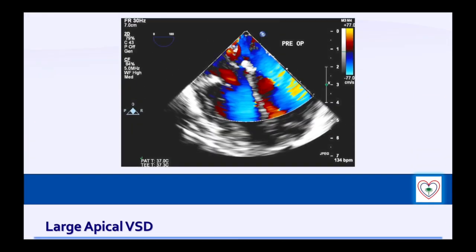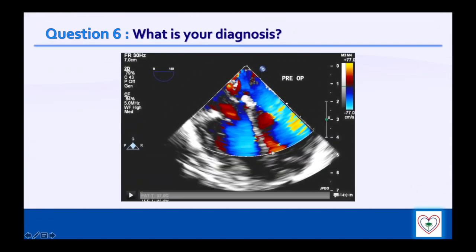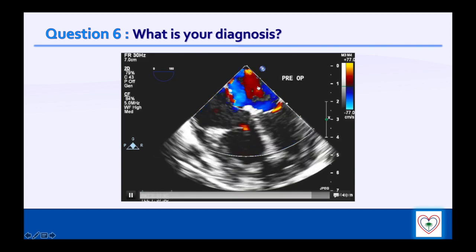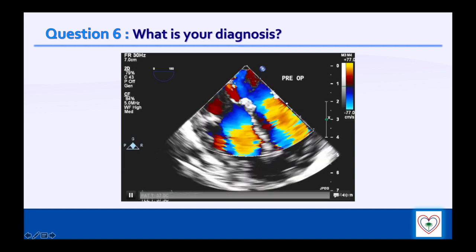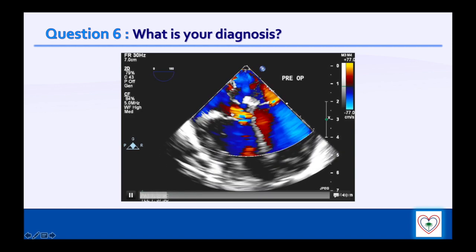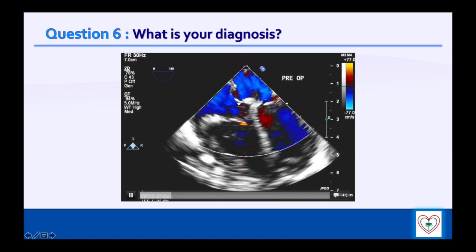If you go back to this image, I intentionally put the color box over the upper part of the interventricular septum as well as the interatrial septum. So what we notice here is that there is a small PFO with a left to right shunt.